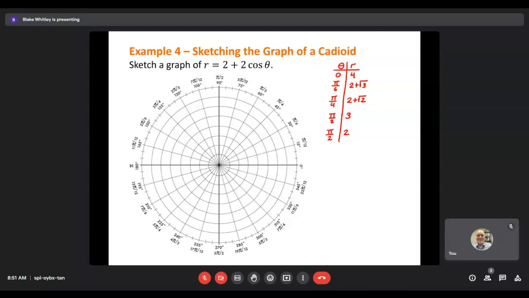Okay, so again, I'm going to go ahead and get some decimal values for those square roots. So 2 plus square root of 3 gives us about 3.7. And 2 plus square root of 2 is going to give us 3.4.